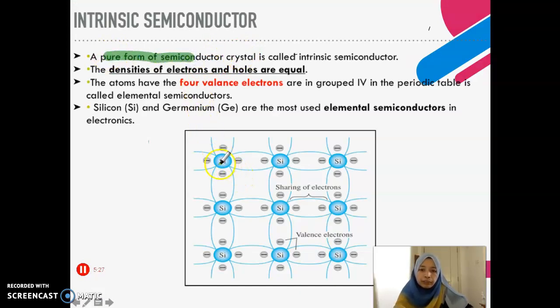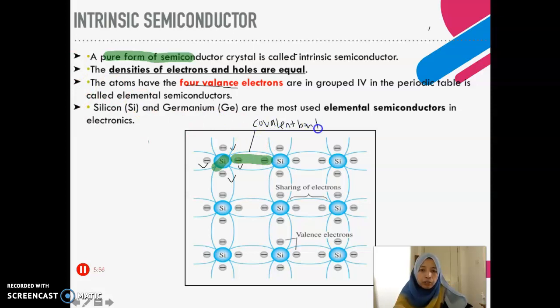The example of the semiconductor is silicon. So, as we know before, silicon has 4 valence electrons. Means here the electrons at the outermost shell are 1, 2, 3, and 4. So, when there are 4 valence electrons, they will be shared in between the other atoms. So this is what we call covalent bond.